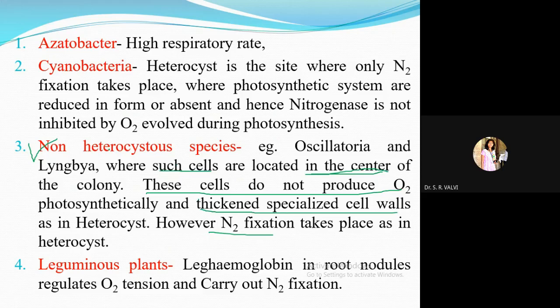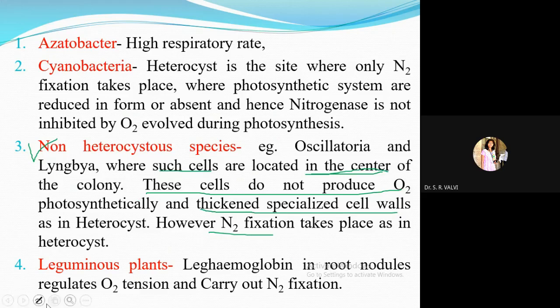So in a non-heterocystous species, which self-regulatory system is there? These nitrogen-fixing cells are located in the center. That is the first thing. The second thing is they are not going to produce oxygen. And the third thing is they have a thick cell wall, and because of these three conditions, nitrogen fixation takes place in non-heterocystous species.